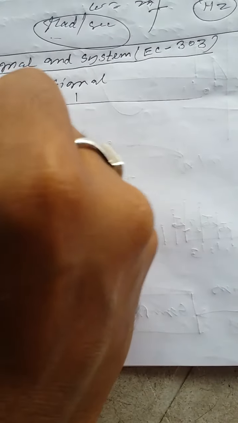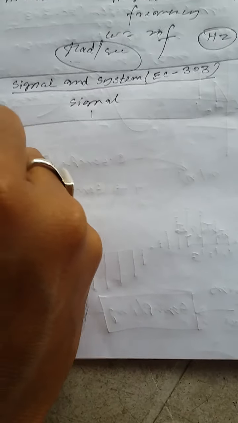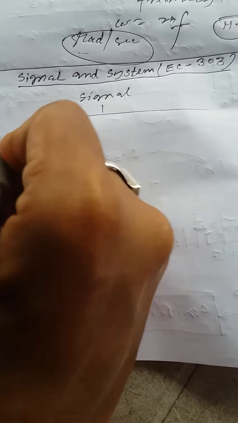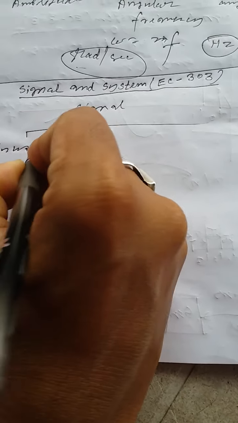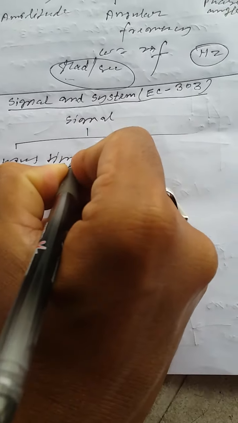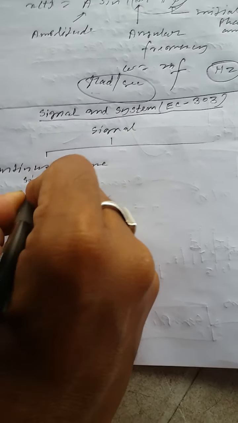Okay. Now, classification of signals. Signals can be classified into two types. One is continuous time signal.